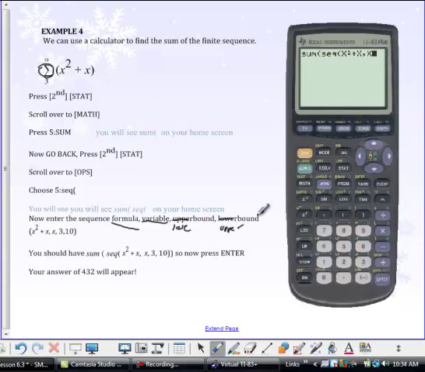So the lower bound is, if we look at our sigma again, 3, and we want to sum up to the 10th term. Now notice that I have 2 sets of parentheses up here, so I must press 2 sets to close. All you have to do is press enter, and voila, 432.